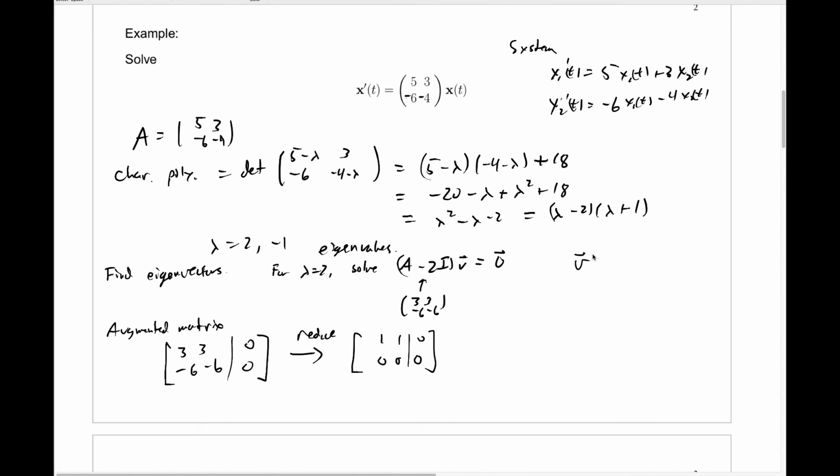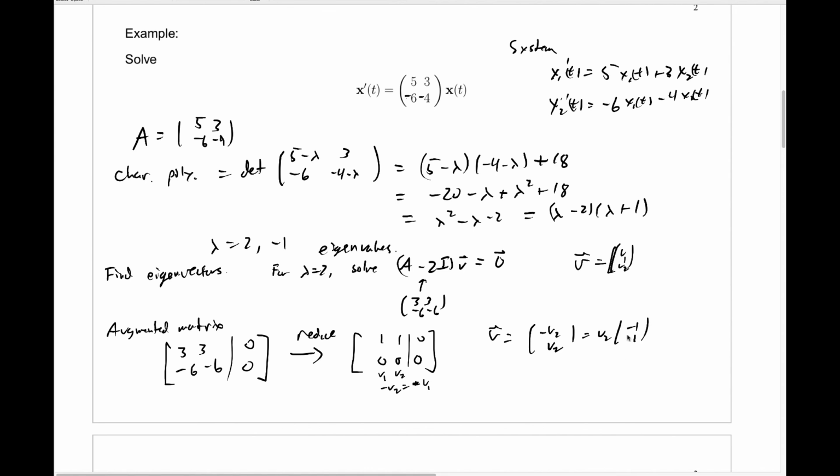Remember, if we're thinking about v as the vector v1, v2, then this first column corresponds to v1, the second column corresponds to v2, and this just says that v2 is minus v1. Or I should write v1 is minus v2, and then I can write v as v2 times the vector minus 1, 1.